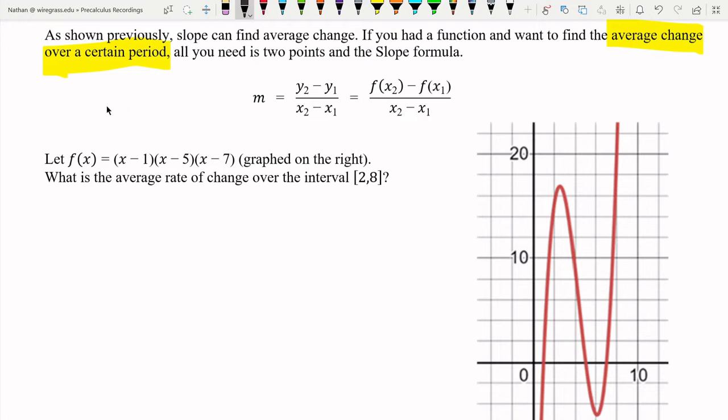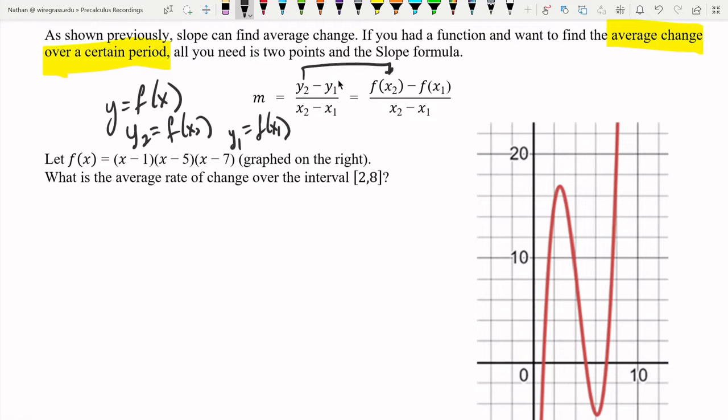Since y equals f of x, if you plug in x2, y2 is going to be f of x2, and y1 is going to be f of x1. So that's all I've done here. I've changed y2 into that, and y1 into that. And this is what we can use to find the average change.